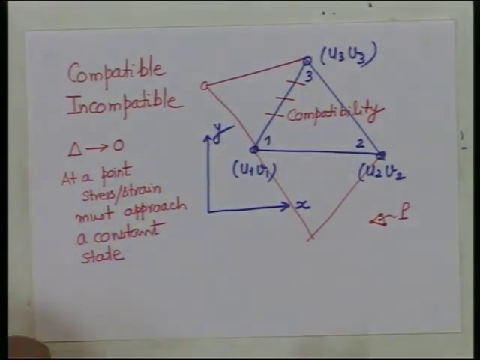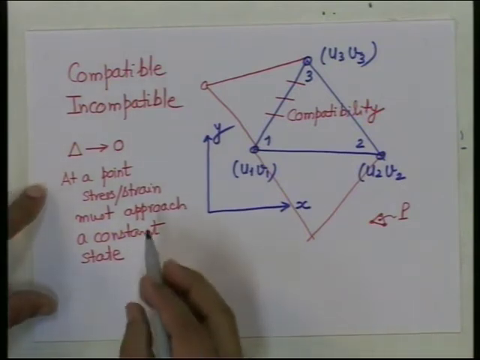Stress and strain both must approach a constant, because a point means there is a uniqueness. It must have a single value of stress. Single value means single state, all the 6 components of single state of stress, single state of strain.